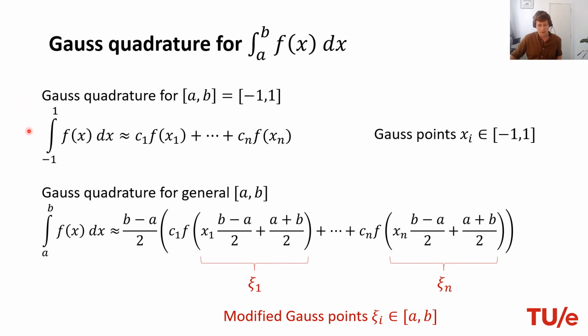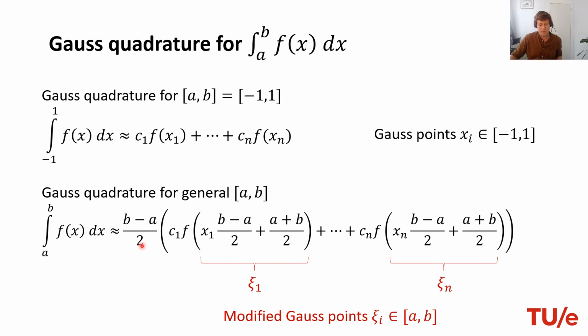So if we want to integrate a function f of x from -1 to 1 using Gauss quadrature, this comes down to a weighted sum with weights c1 to cn and Gauss points x1 to xn, which are situated in the interval from -1 to 1. If we want to use the same Gauss quadrature rules for a general interval from a to b, we need to add this prefactor over here, (b minus a) over 2, which deals with the fact that the width of a to b is not necessarily the same as the width of -1 to 1, which is 2.